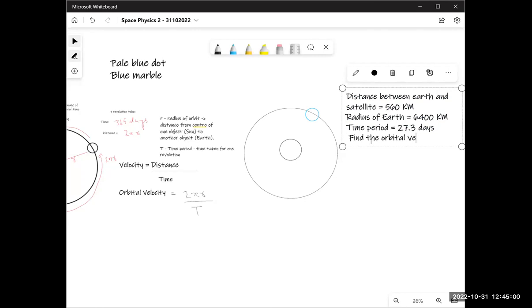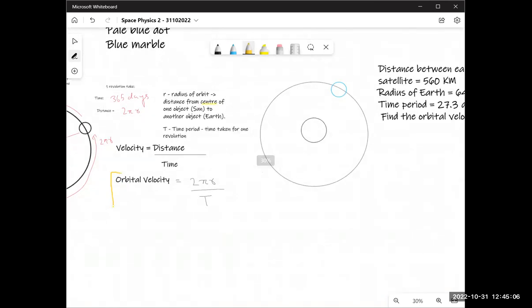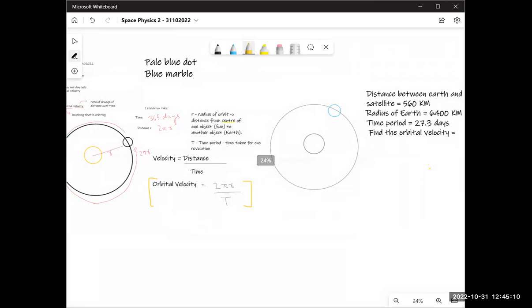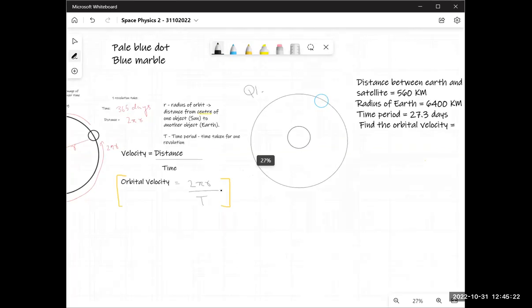Now, Ritika, I want you to work with me. So start reading from here. Read the formula for orbital velocity. Ritika, can you hear me?